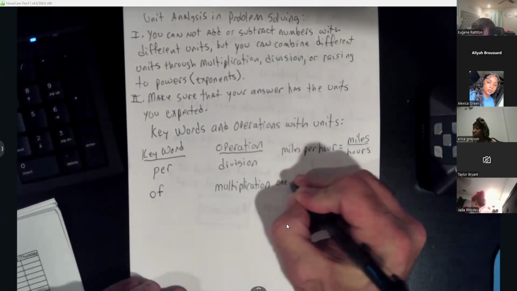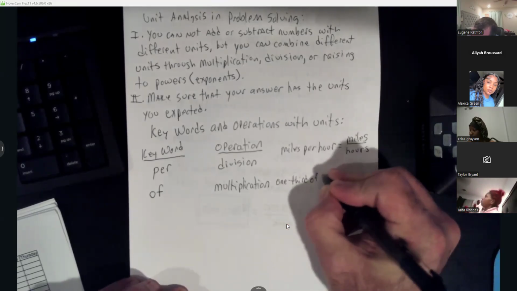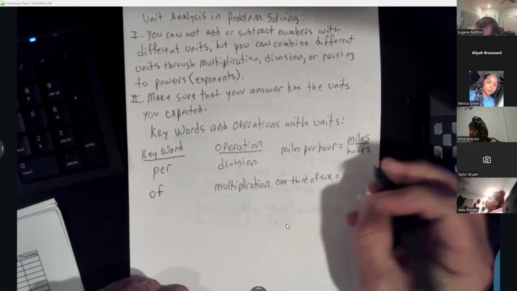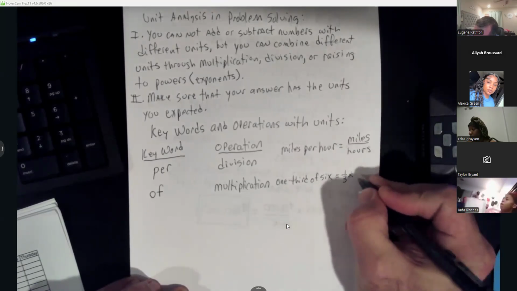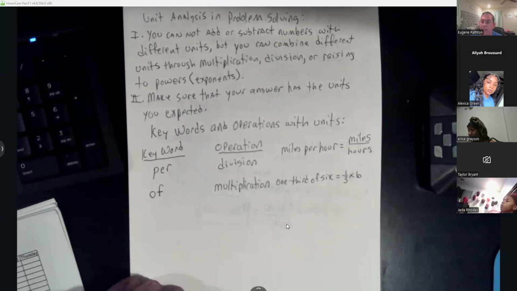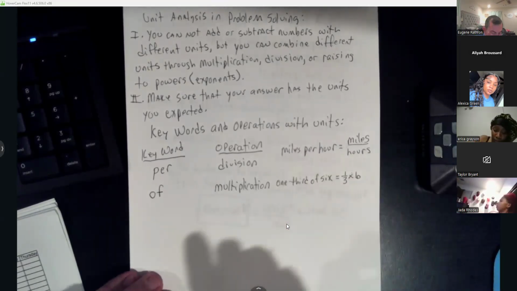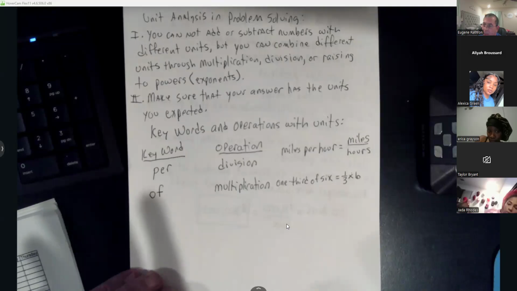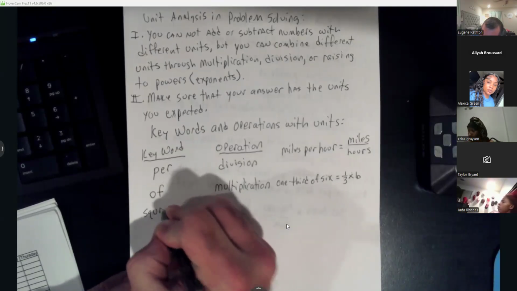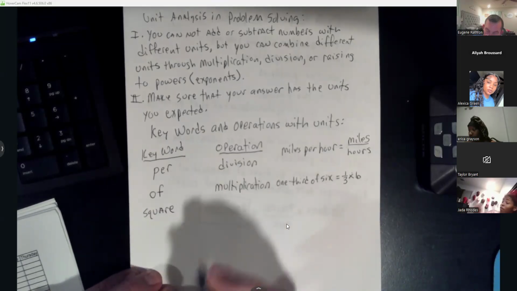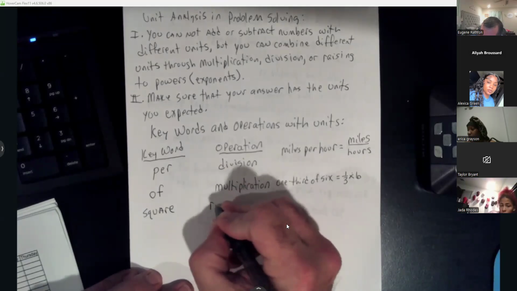So 1/3 of 6 would equal 1/3 times 6. Finally, the next two deal with the power stuff. So if I square, that means I'm raising something to the second power.